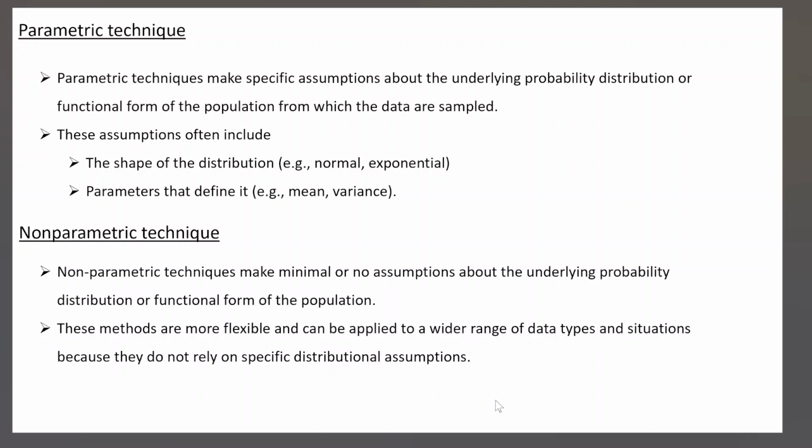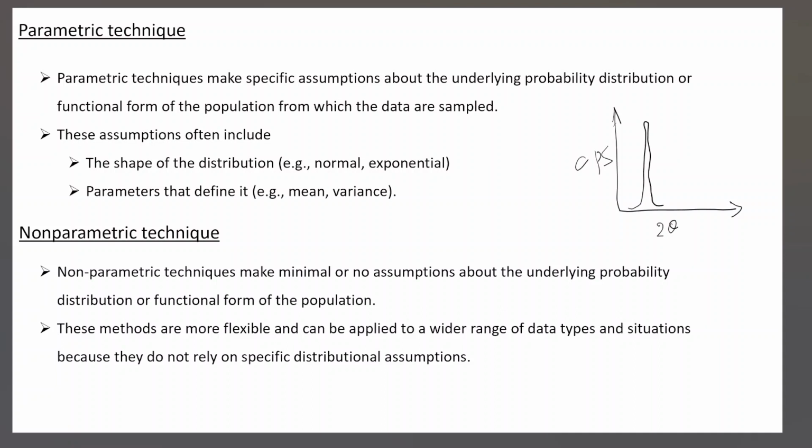For example, if I have data like this, assume it as an XRD pattern. In XRD we have counts or frequency plotted, so here we will have a peak like this.